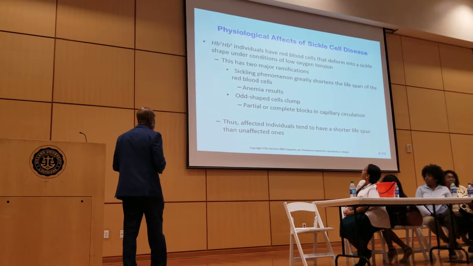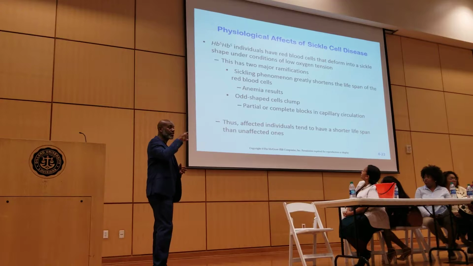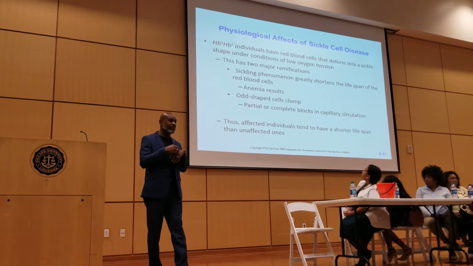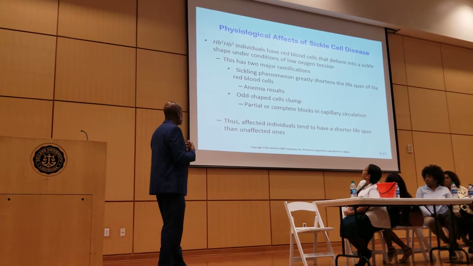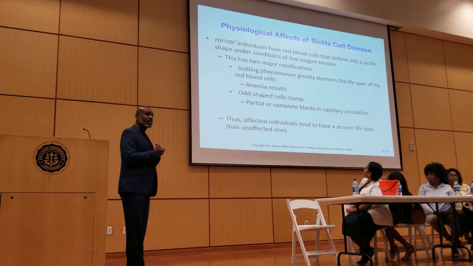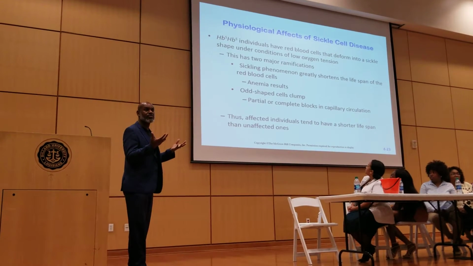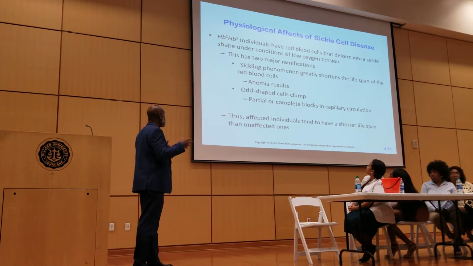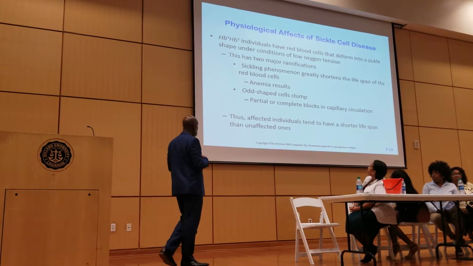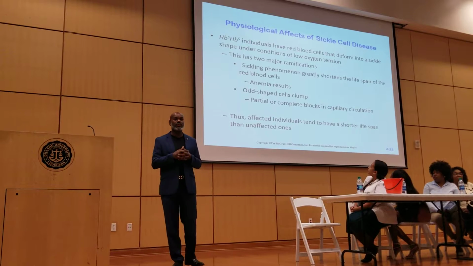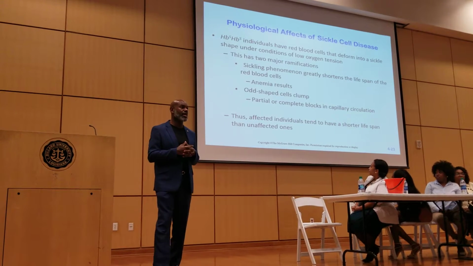The odd shape of the red blood cells causes them to clog the blood vessels, and that's going to lead to pain and a decrease in the ability to carry oxygen, because that's what our red blood cells do, carry oxygen and supply it to the brain. And it may cause the individual to have an overall shorter lifespan.